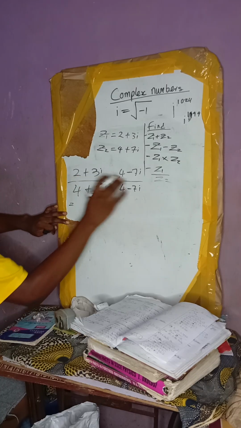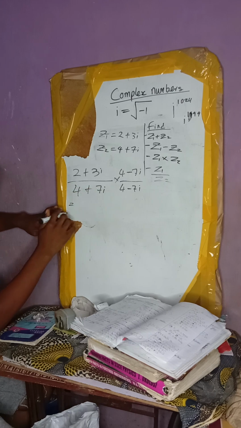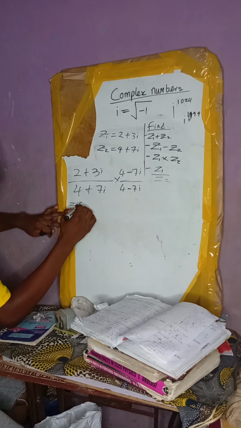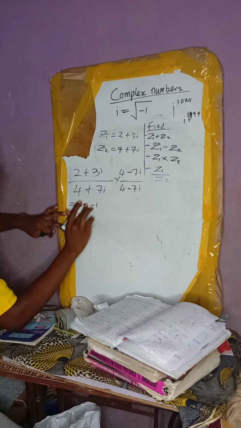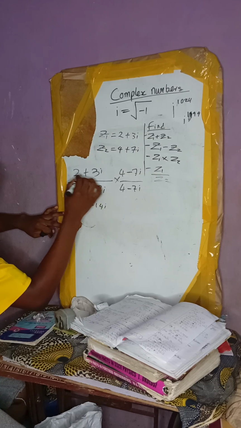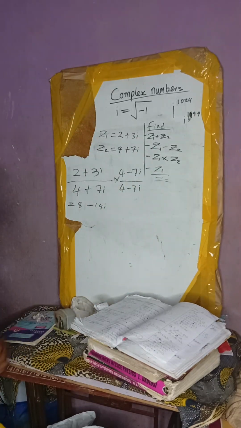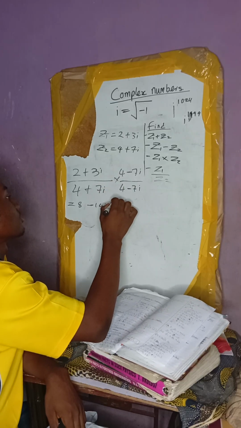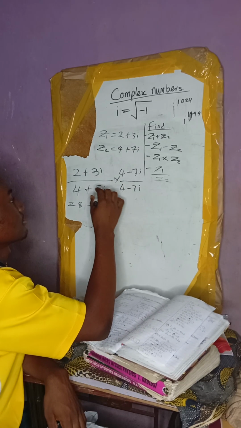Let's go. So this multiplies this, you already know what multiplication is, so we'll just jump some steps. So 2 times 4, that is 8, minus 14i. And this times this, plus 12i.